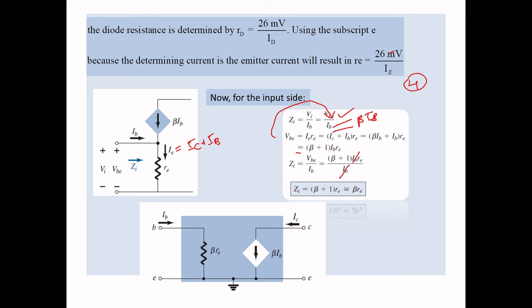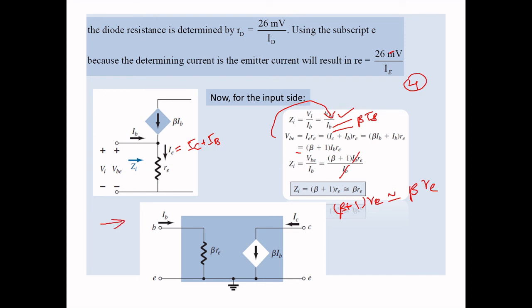So your Zi, that is the input impedance, the resistance across here, will be beta plus 1 into re. It is approximated to beta into re. So this whole part will be represented by beta re, the input impedance between the base emitter junction.